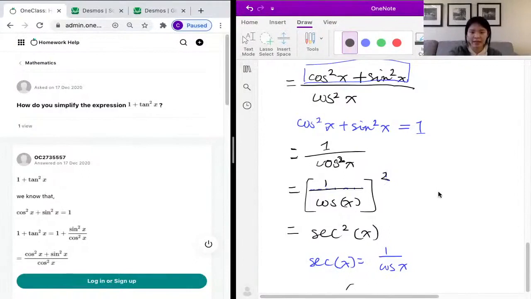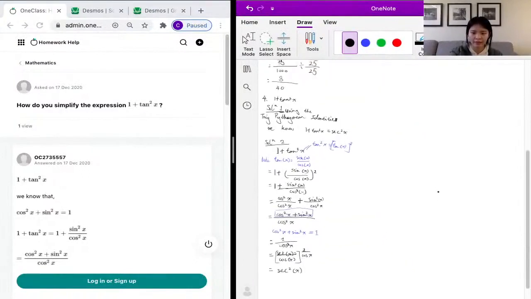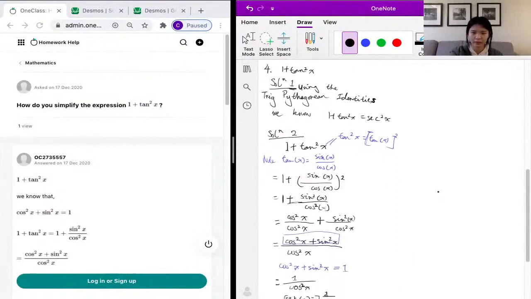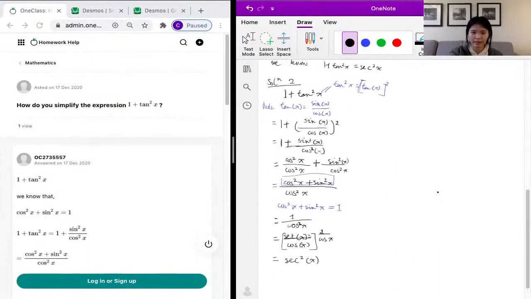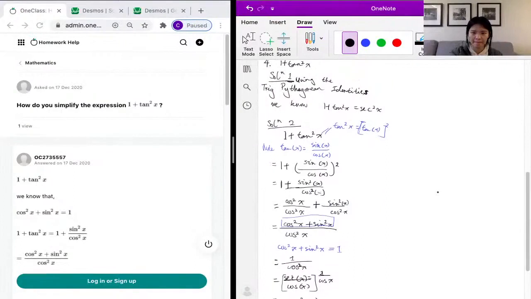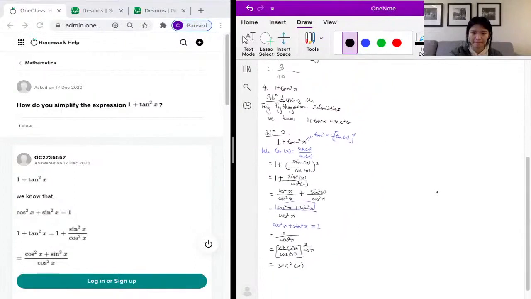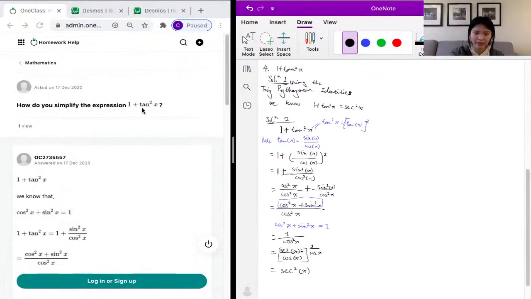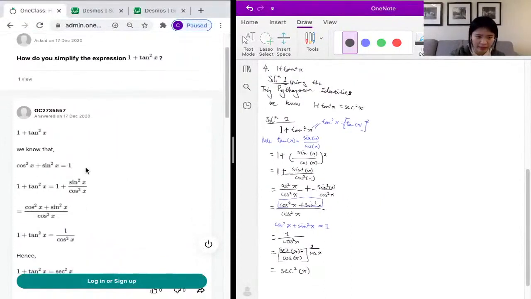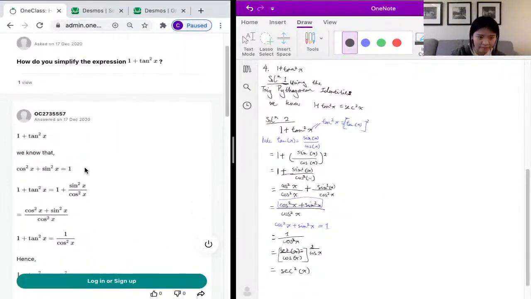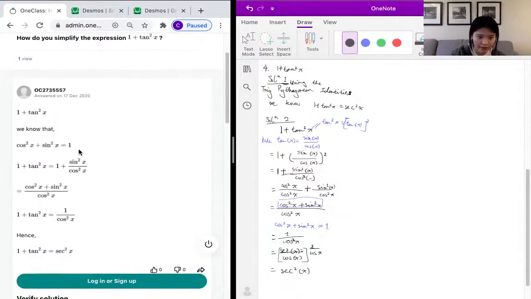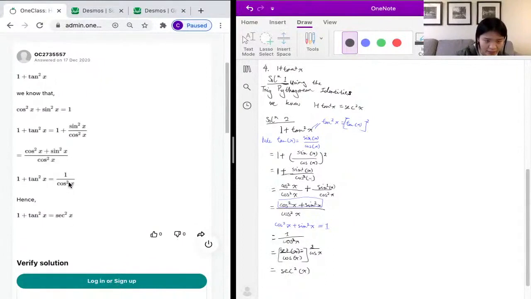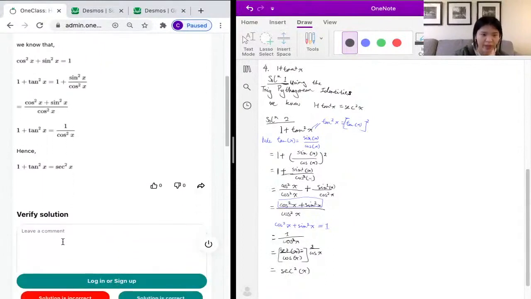And now let's look at our sample solution to our left. Okay, so our sample solution over here, yes, they had the same simplification process as us.